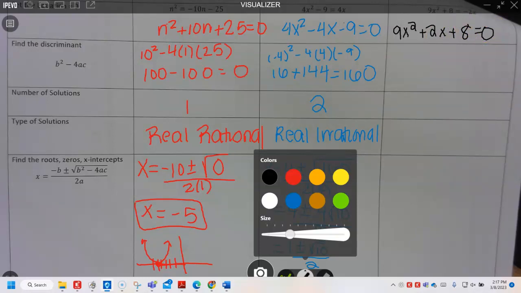Step 2, find the discriminant. Four times 9 is 36. 36 times 8 is 288.